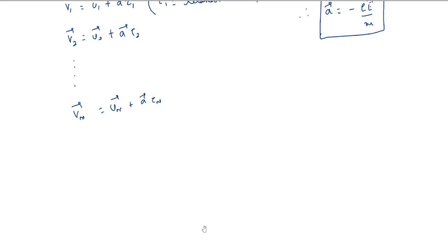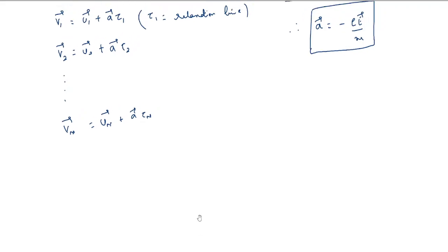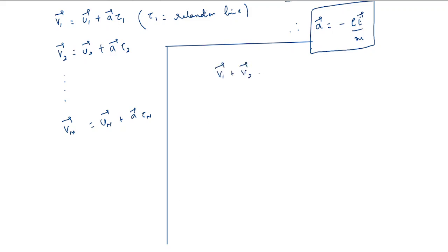Now the electrons' velocities will be different, and if we find the average value, v1 plus v2 plus etc. up to vn, divided by N, this by definition is called drift velocity.